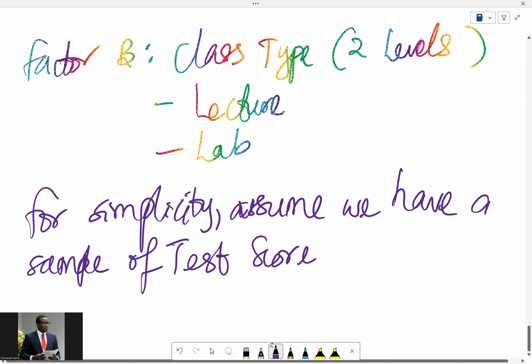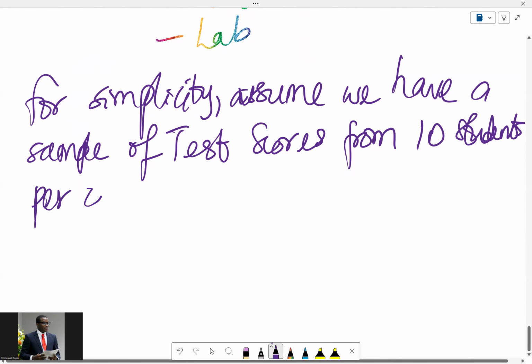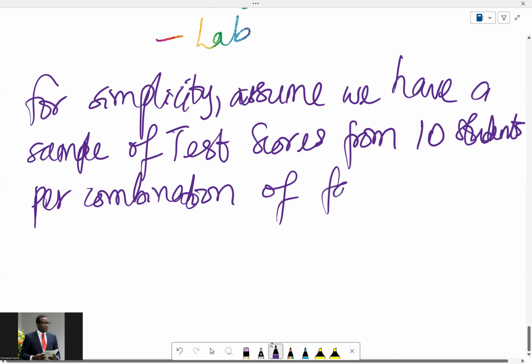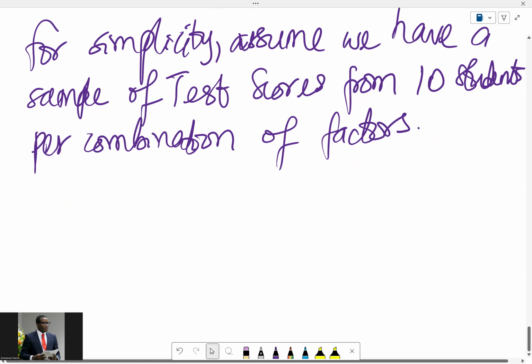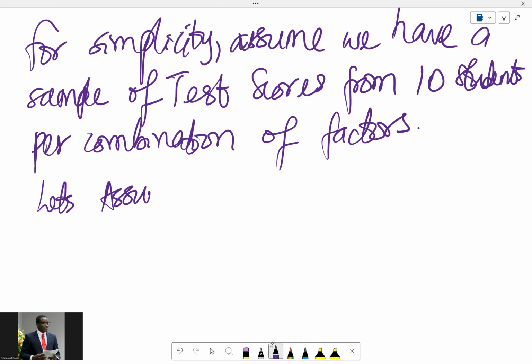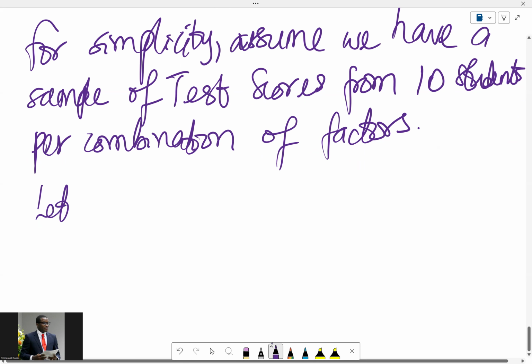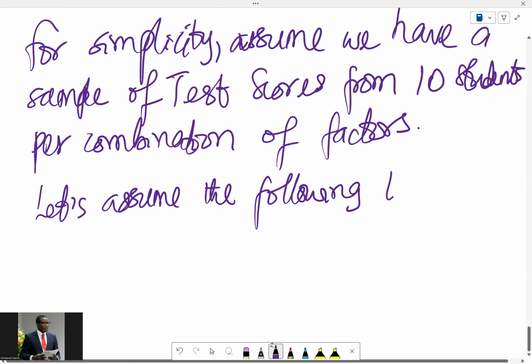We have a sample of test scores from 10 students per combination of factors. So let's assume the following test scores.